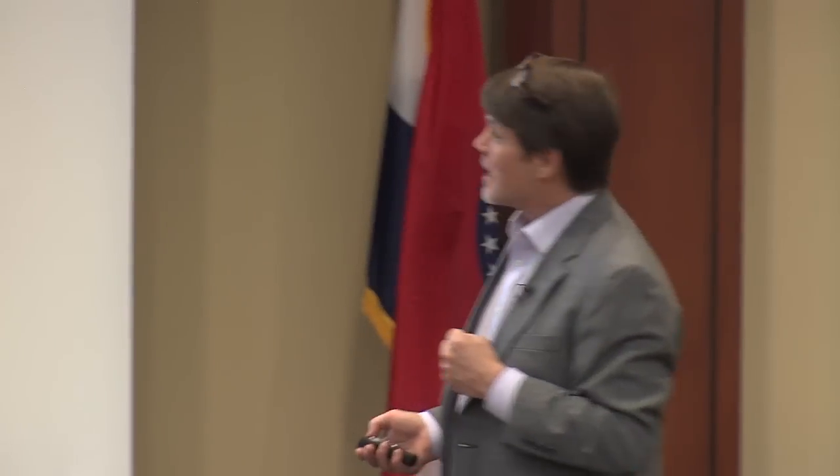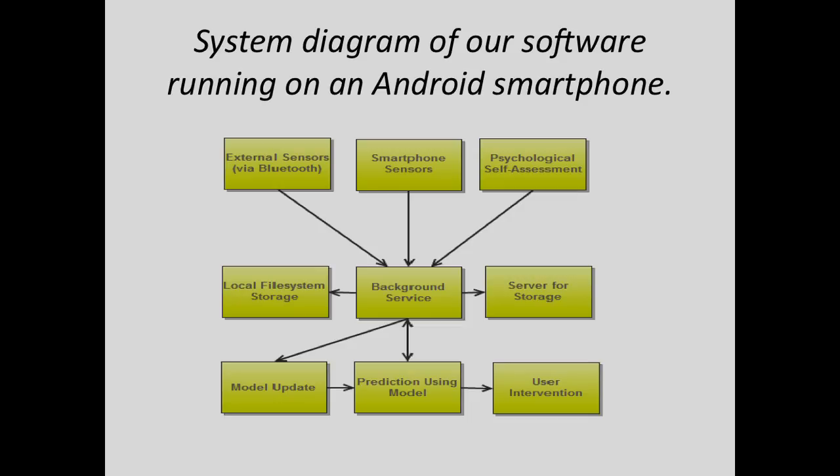Well, the first thing you do is you collaborate with people from computer science, which I'm doing. So they help me out with a lot of this. But basically, our model here is we have external sensors like this that communicate with our smartphone. We have smartphone sensors, and people can fill out self-reports on the phone.